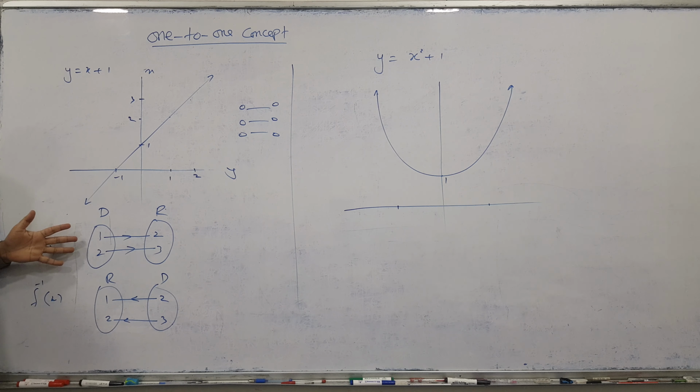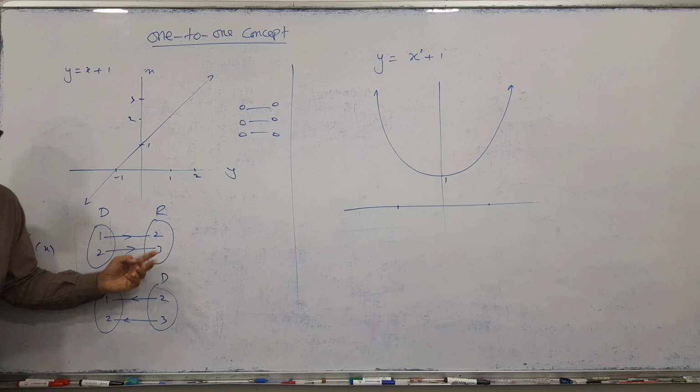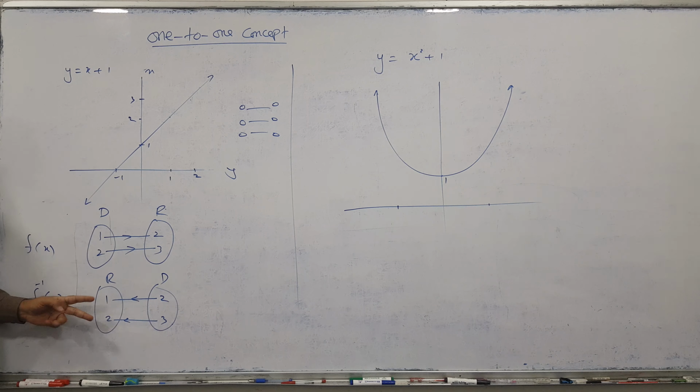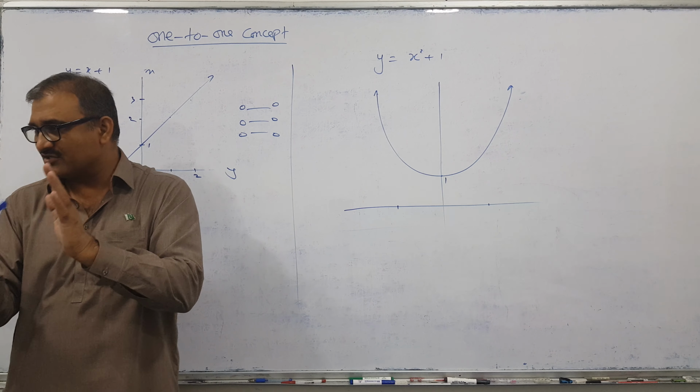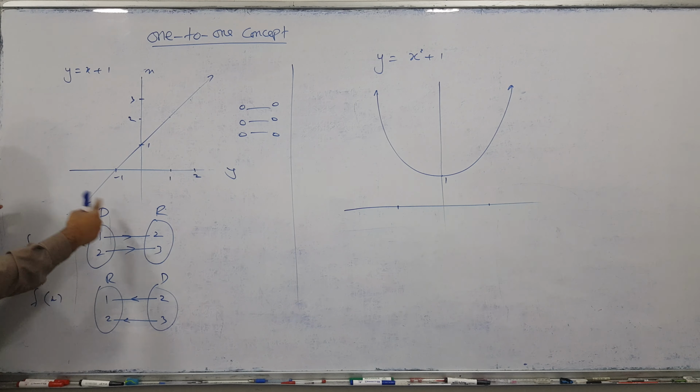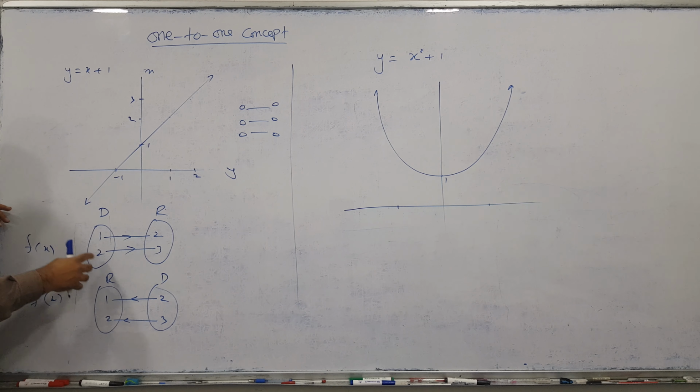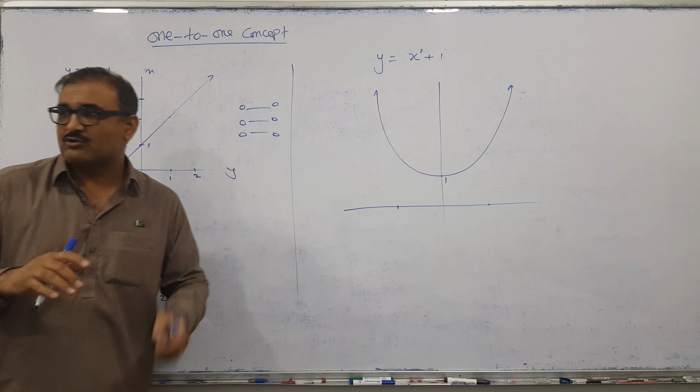So in the function, 2 values of x give 2 values of y, and coming backward, 2 values of y give 2 values of x. So both in the function and backward, the one-to-one concept is there. This rule applies when, going this way or backward, every x has one value of y. That is called one-to-one.